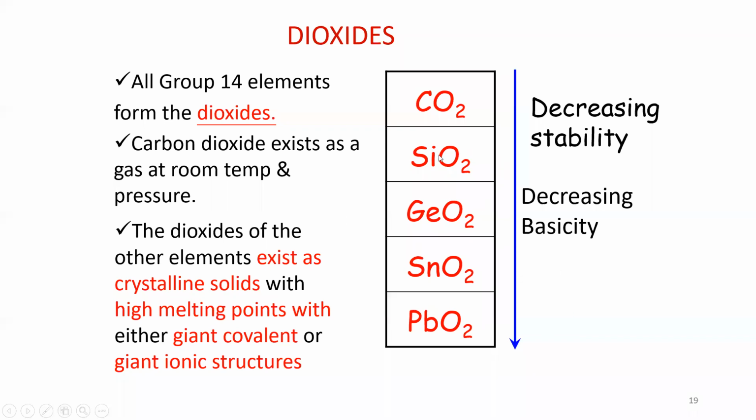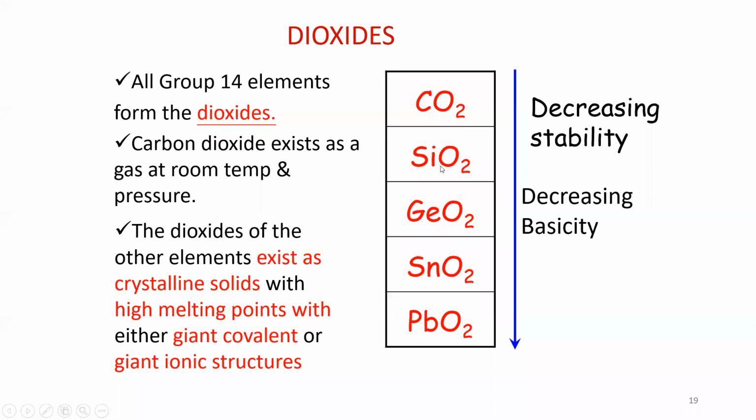So these are your dioxides. So all the group 14 elements form the dioxides, oxidation state of +4. Your carbon dioxide exists as a gas at room temperature and pressure, but the others exist as solids.